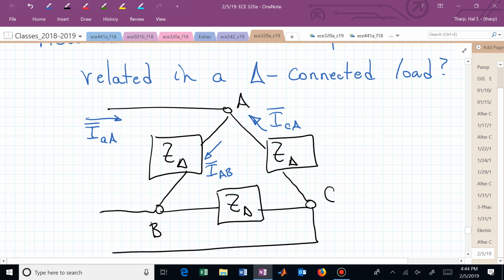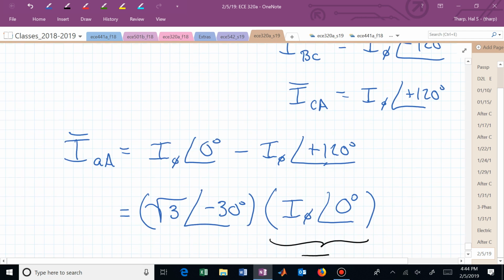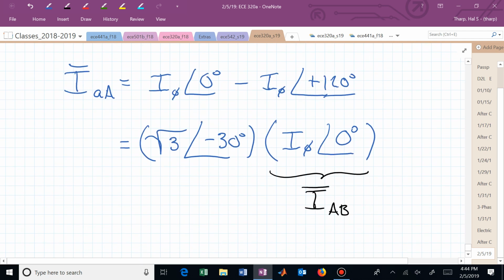Its phase, though, is not the same in terms of its direction. It's now minus 30 degrees relative to the phase current in the A phase. And this was for an ABC sequence. You could sketch the different phasors if you wanted to. I'm assuming you'll go home and do that. It's probably a figure in the book. I didn't write that down.